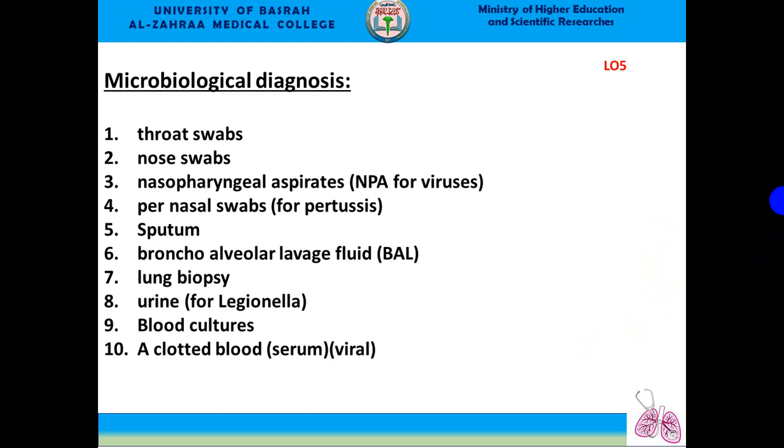Now in COVID-19, we do nose or throat swab. Sometimes we do nasopharyngeal aspirate, especially for viruses. So we take aspirate of the secretion from the nasopharynx. Sometimes we take swab from the nose only, what is called pernasal swab, especially for pertussis.